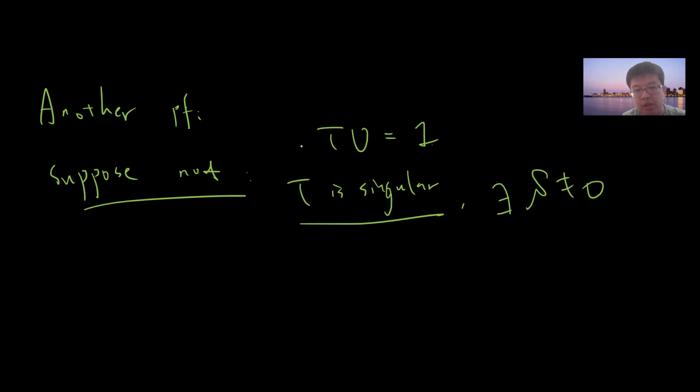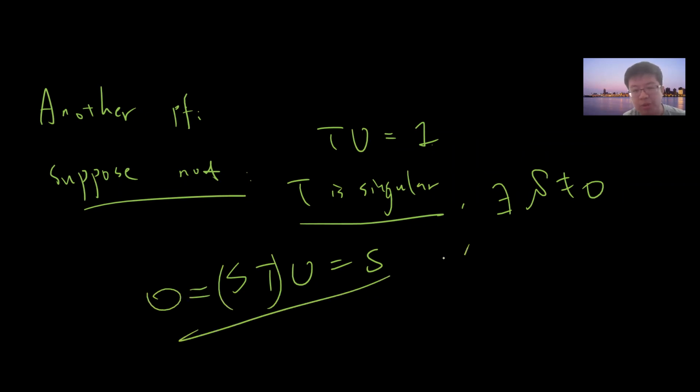So this S can be multiplied from the left, so you get STU equals SU, but STU is 0, so S is 0, contradiction. So if T is right invertible but singular, then you violate the previous lemma, which says there is a non-zero S that can kill a singular T.